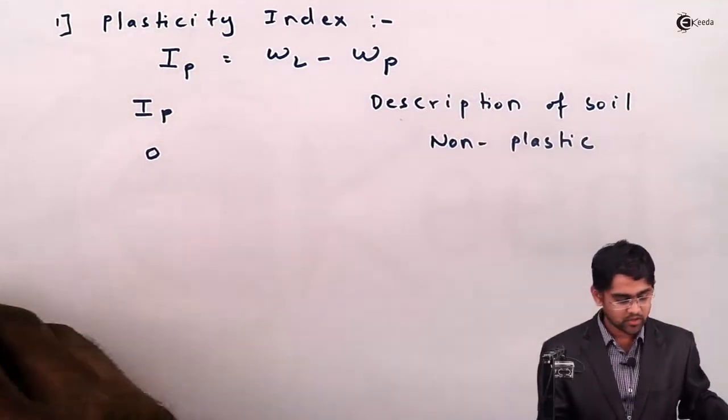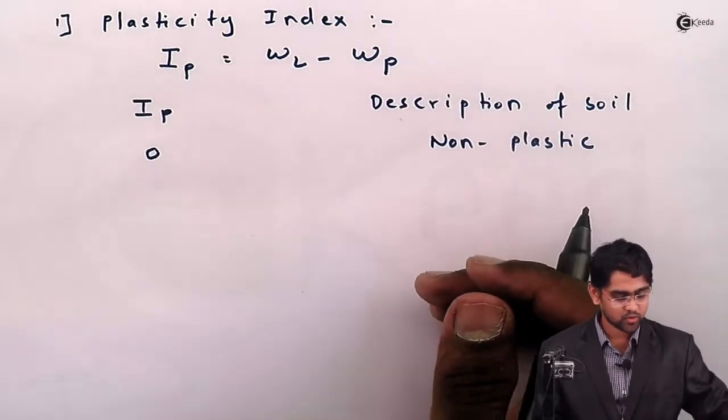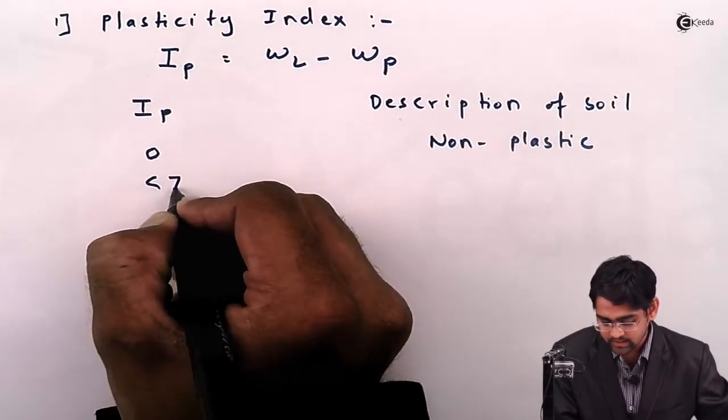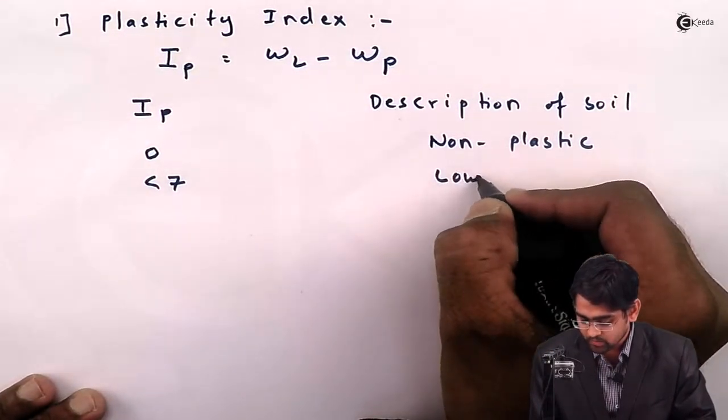And if the plasticity index is 7 or even less than 7, it is termed as low plastic.